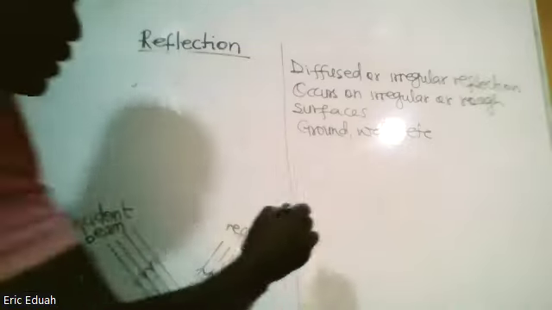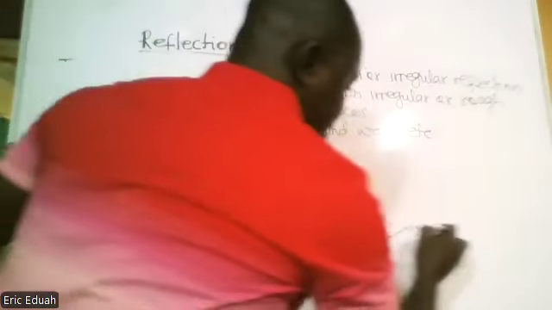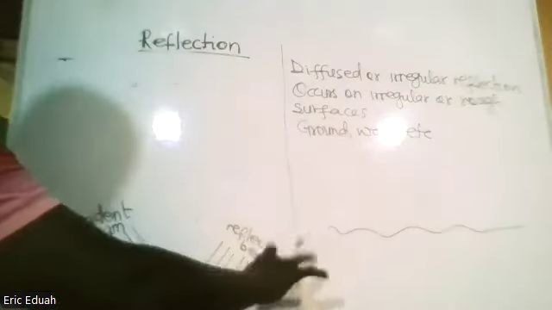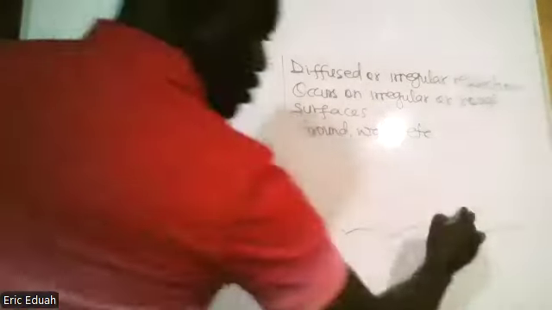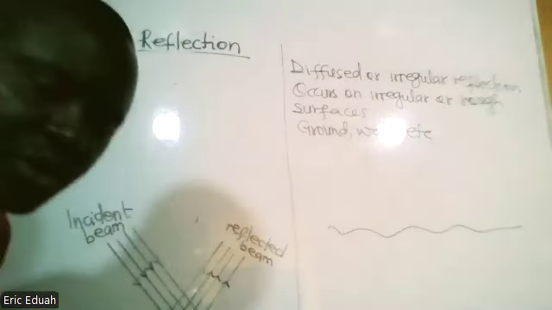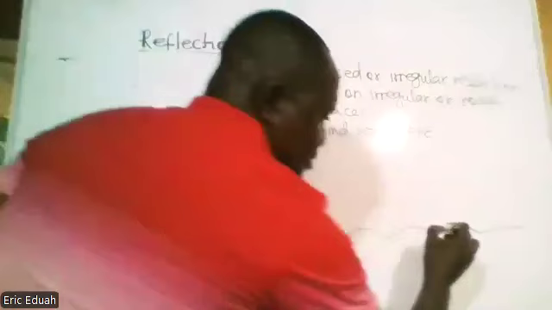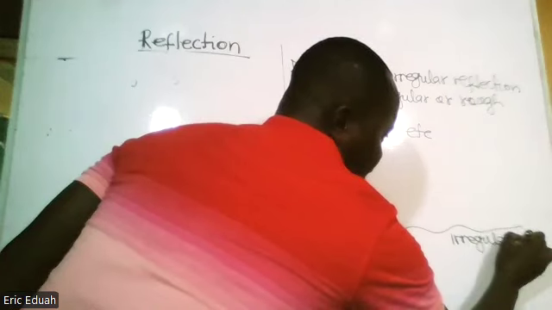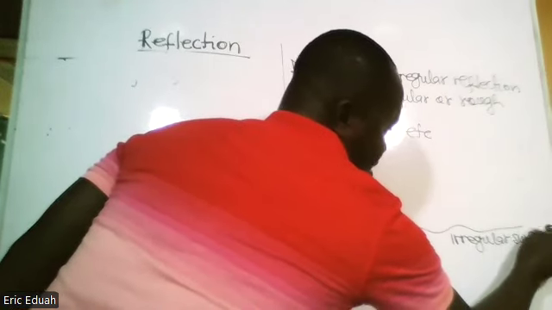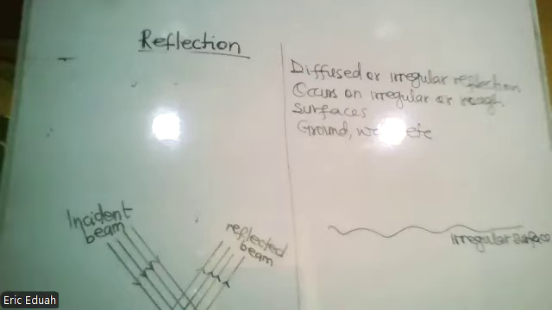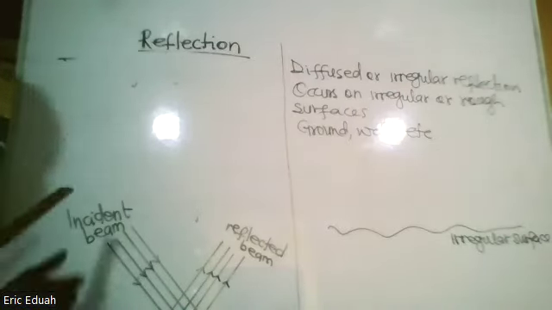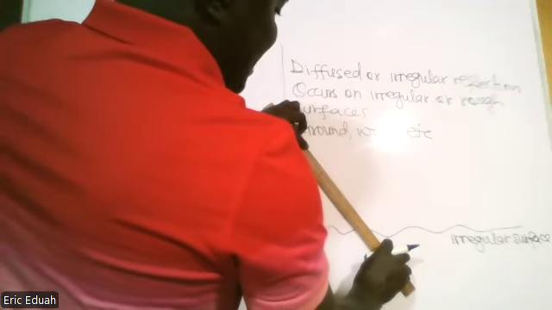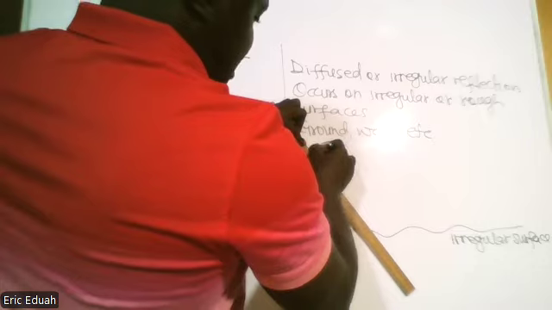Okay, so here we have an irregular surface. This indicates the irregular surface in question. So this macaroni-like thing represents the irregular surface. What happens? In diffuse reflection, we have light incident in that orderly manner on the surface.